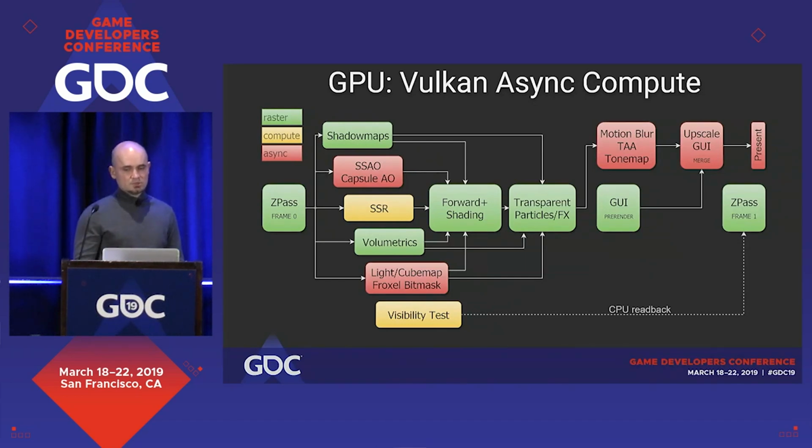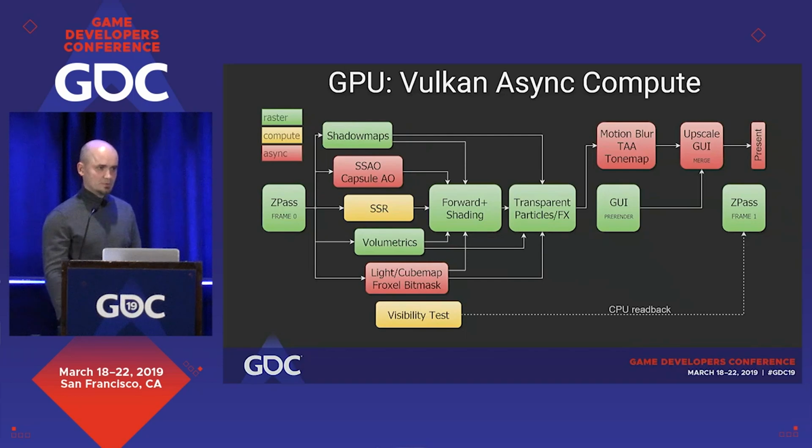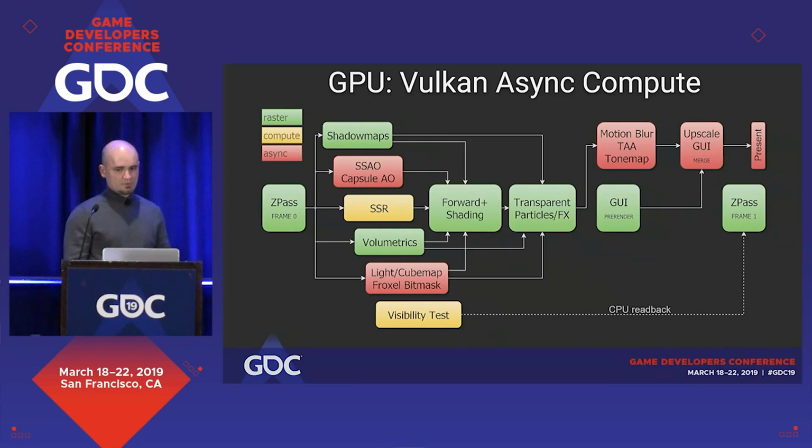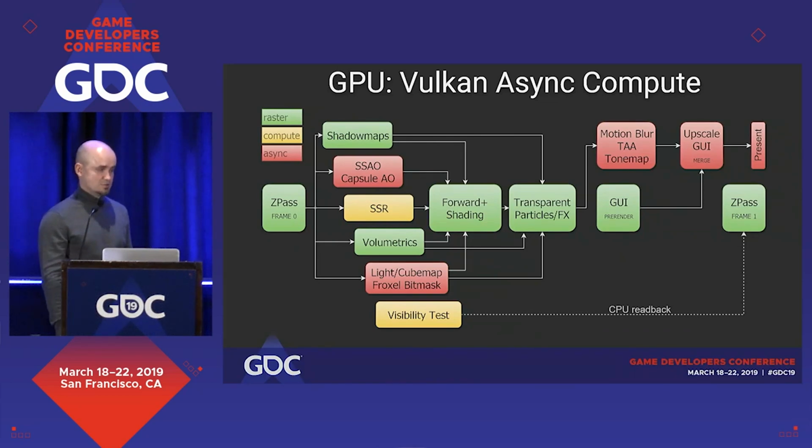But in Vulkan, it's possible to actually fire a present from the async compute queue. So we were able to interleave the next frame Z-pass with our post-processing frame tail. But to be able to do it, we have to remove UI rendering, which is a rasterization-based job. So we just pre-render UI into a separate texture and merge it in the compute queue just before the present.